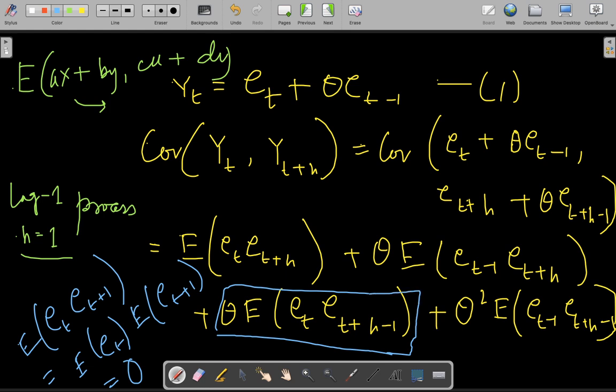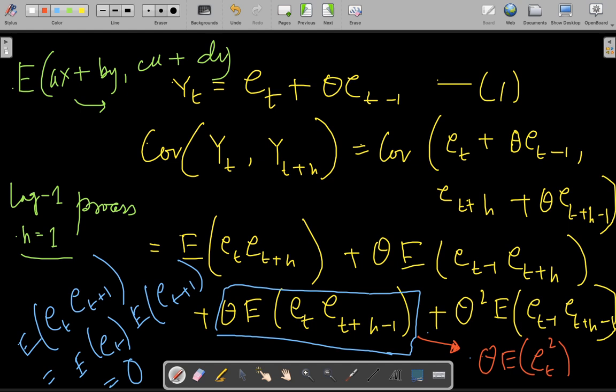So it means, let me use red so that it looks very important, it is basically theta and expectation of et square. Simple. And what is this value of theta expectation et square?